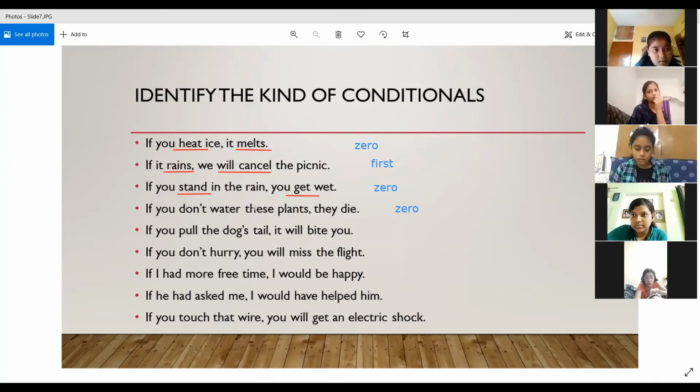Basically everybody needs water. So every living thing requires it. So basically, if you don't water, so do not is again the simple present form of tense, and then die is again simple present form of tense. So over here we can see that simple present form of tense has been used in both the clauses, and they are also stating a general truth. Yes, Bhavya.